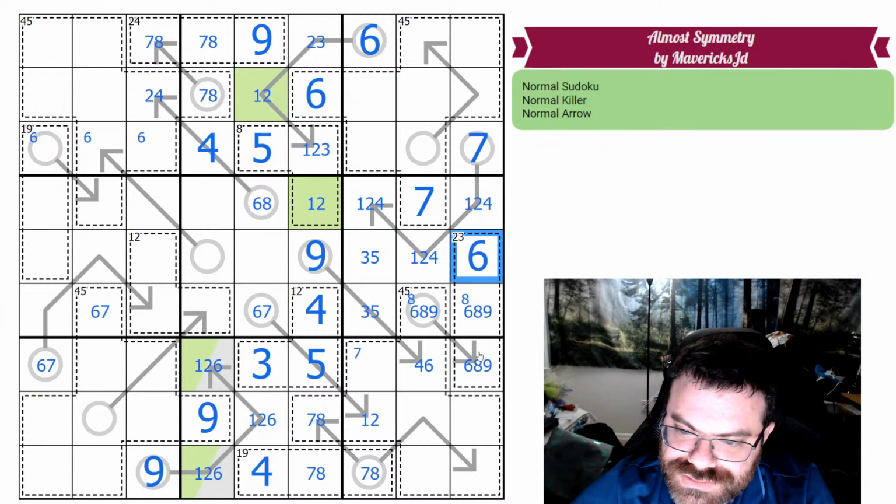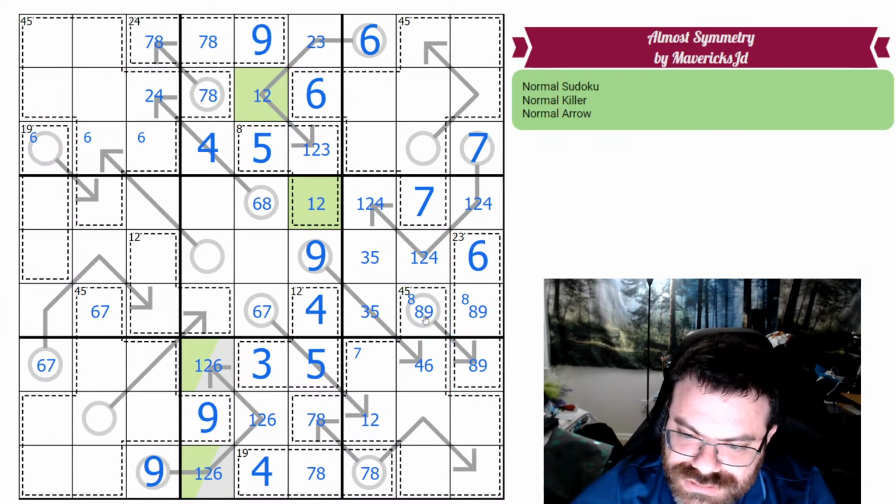This 9 sees a 6, thank you. So now we have 8, 9 pair, 6, 7 pair. So we need 1, 2, 3, 5.